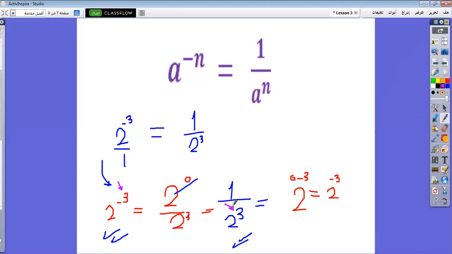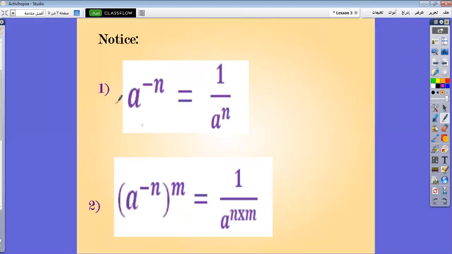The most important rule in this lesson is that if you have a negative power, you should turn it into a positive power by getting the reciprocal, or the multiplicative inverse, of the number. So the first rule is a power negative n equals 1 over a power n.